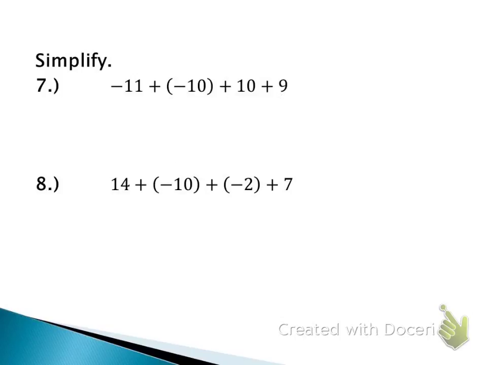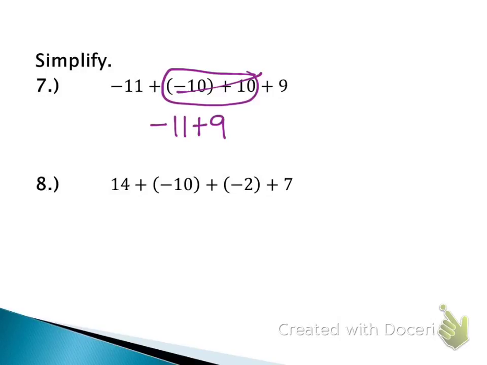Don't get this confused and think you can do this all the time. But since it's all addition, I can pull out this middle piece here, -10 plus 10, adding opposites, that means that's going to go to 0. So those cancel each other out completely, leaving me with -11 plus 9.